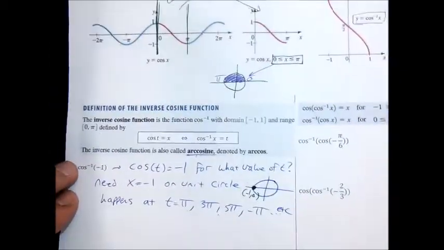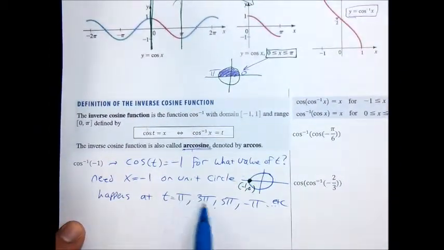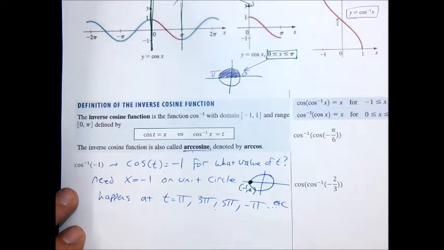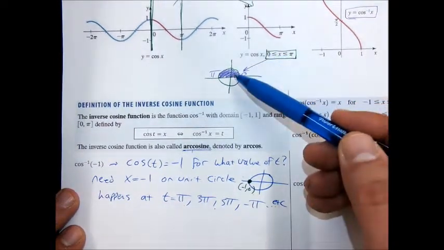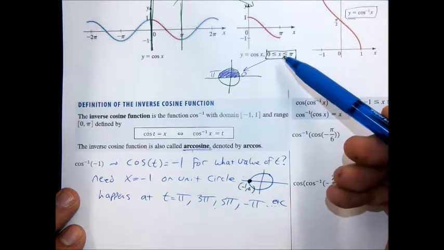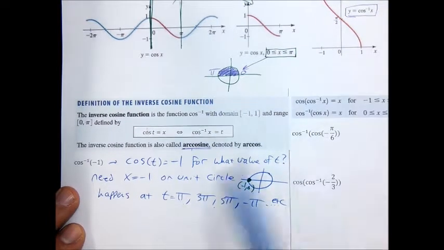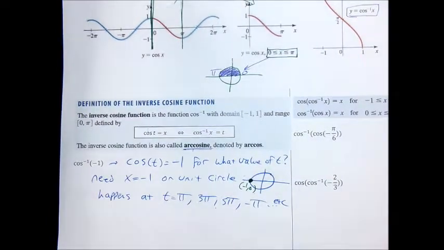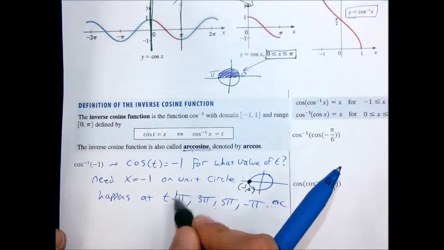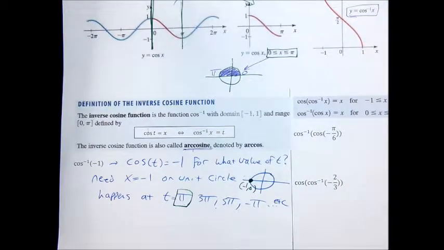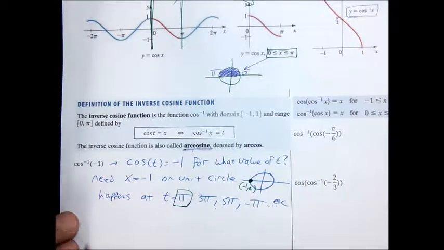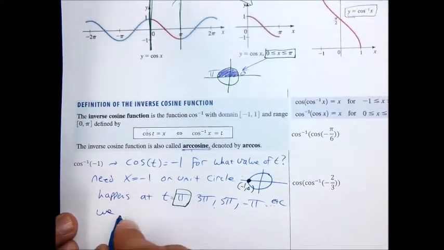And so those are our options, right? These are all the things that give us a minus 1 x value. But we want to choose the one that's on the top half of the unit circle between 0 and pi. And so which one of those is between 0 and pi? It's the pi one, right? This is the one that's between 0 and pi. And so that's the one we choose. So let me write that down. I'm trying to be detailed here.